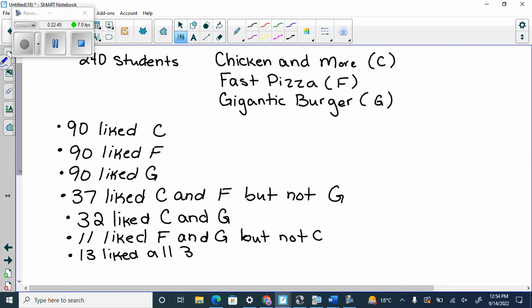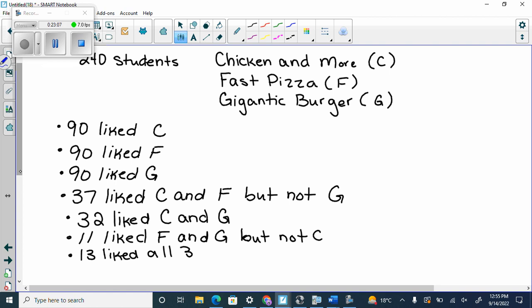What word do we look for when you don't have to subtract? Starts with an O. Rhymes with lonely. Take the L off. Only, yes. So if it says only, you don't subtract.